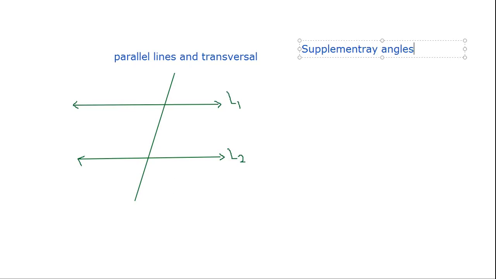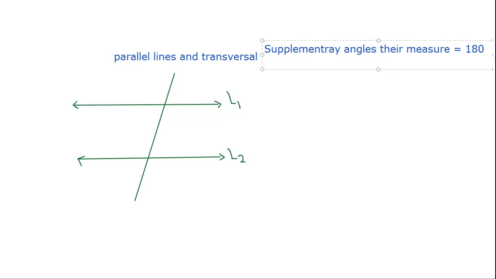Supplementary angles means that their measure equals how many? 180 degrees, right? When you have two angles next to each other, this is a line, and we draw a ray like this.